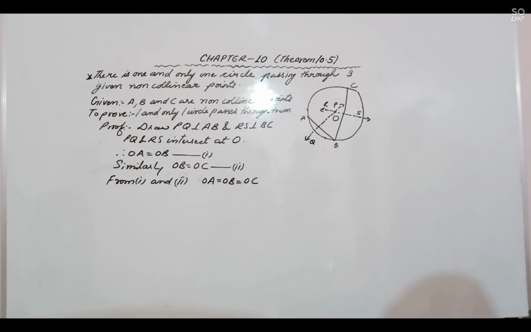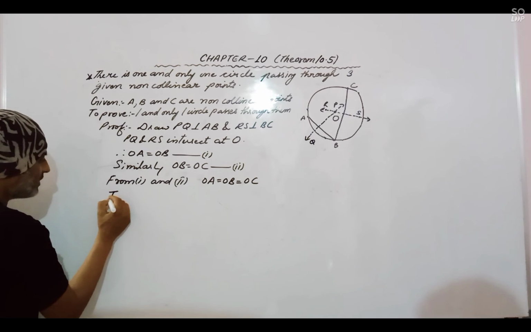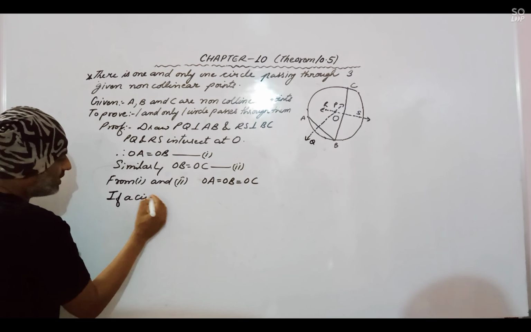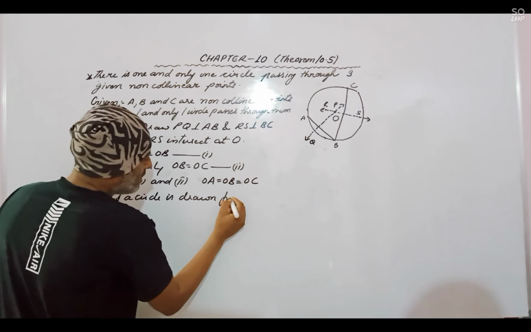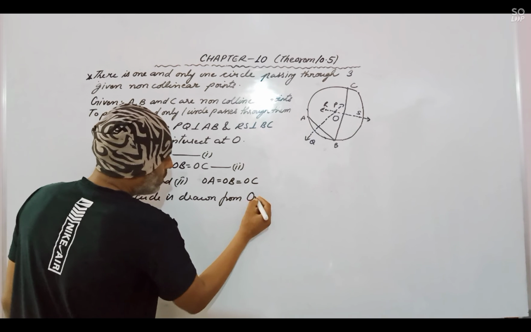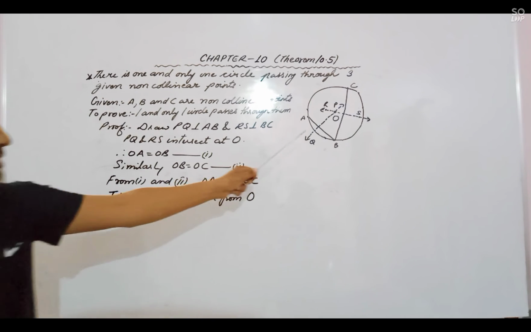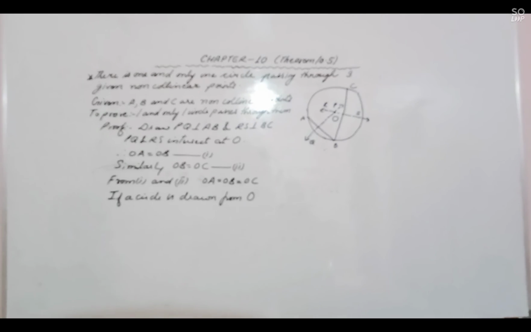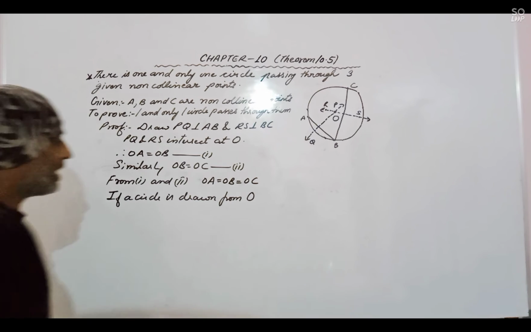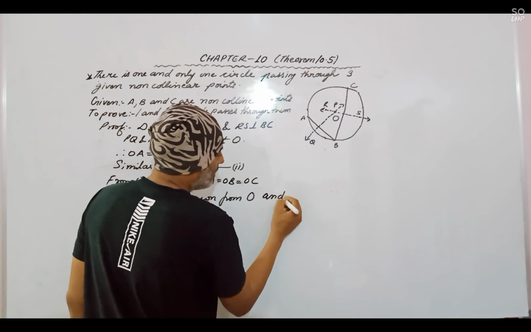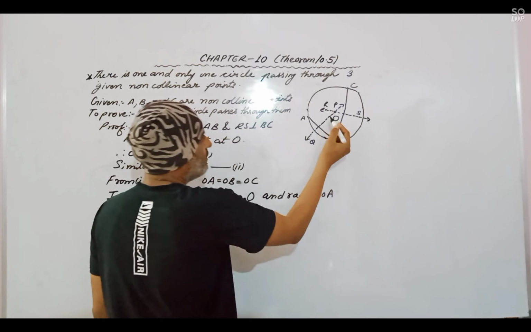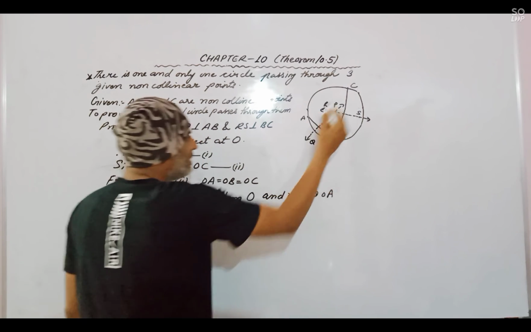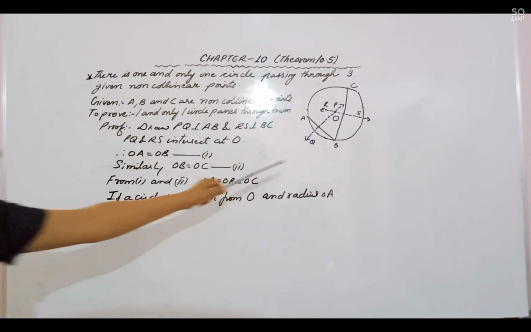So from this we can say, in the last line we will write, if a circle is drawn from O with radius OA, if you draw a circle with this distance, you will find that the circle passes through B and C as well.